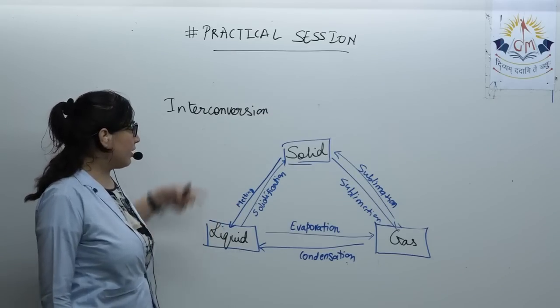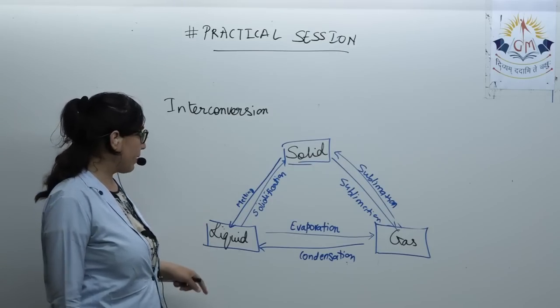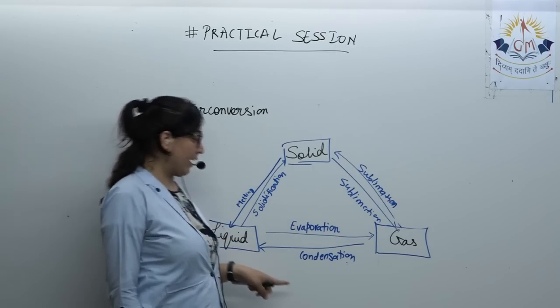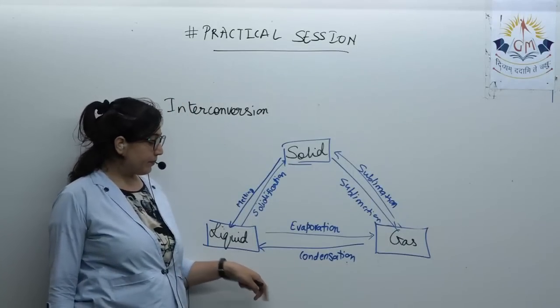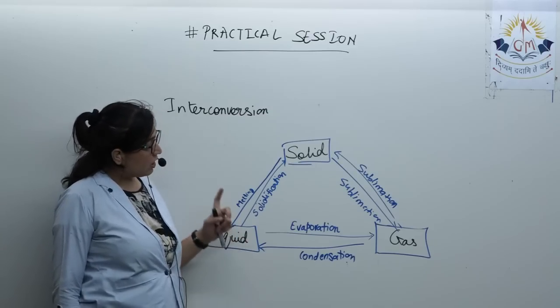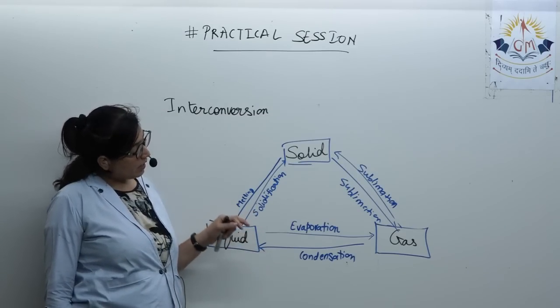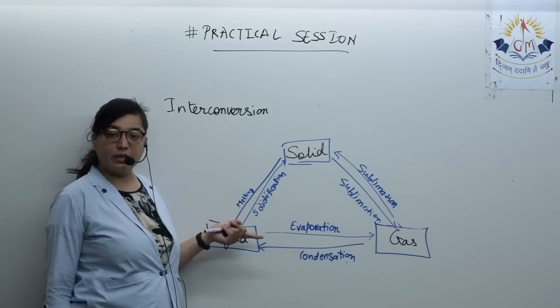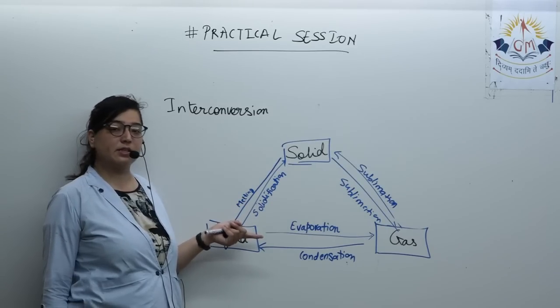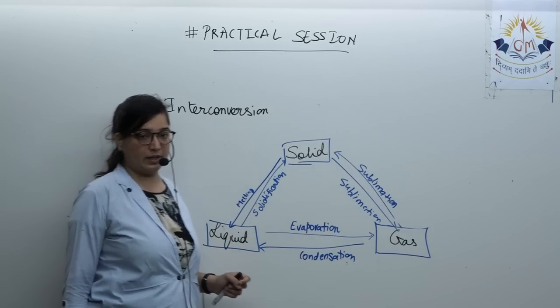Reverse: liquid gets converted into solid, it is called solidification. Liquid gets converted into gas, vaporization. Gas gets converted into liquid, condensation. Solid gets converted into gas, sublimation. Gas gets converted into solid, again it is called sublimation. Note down this diagram quickly.